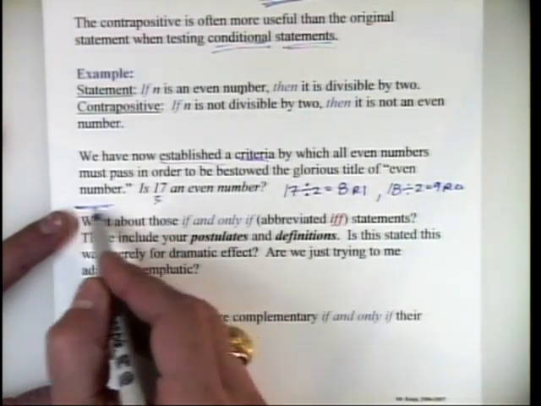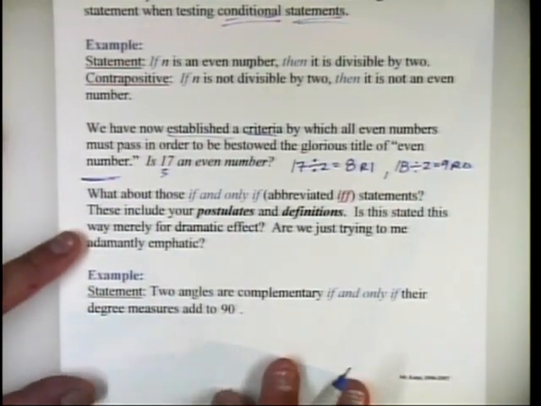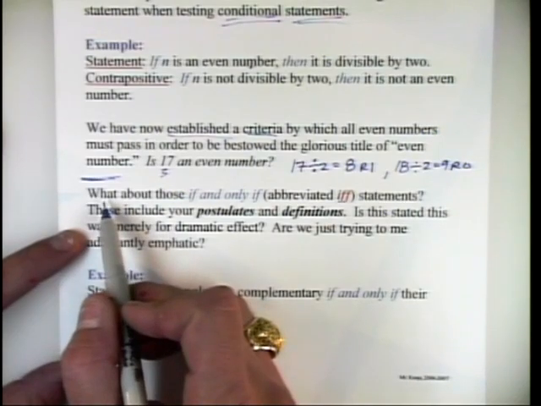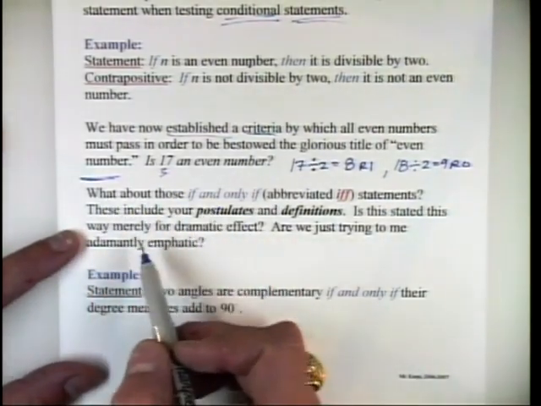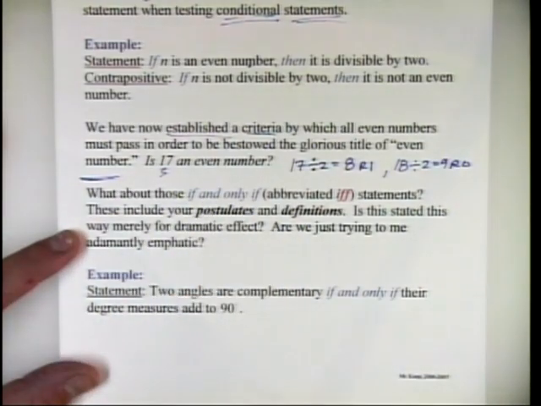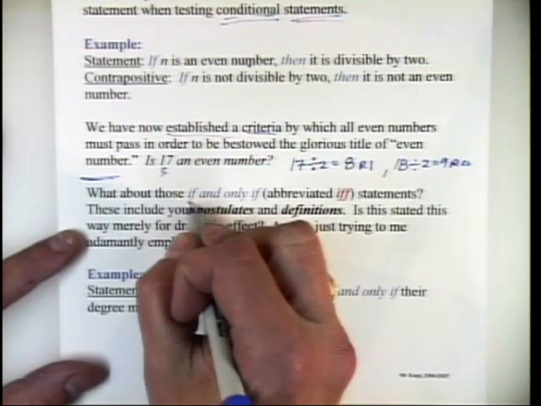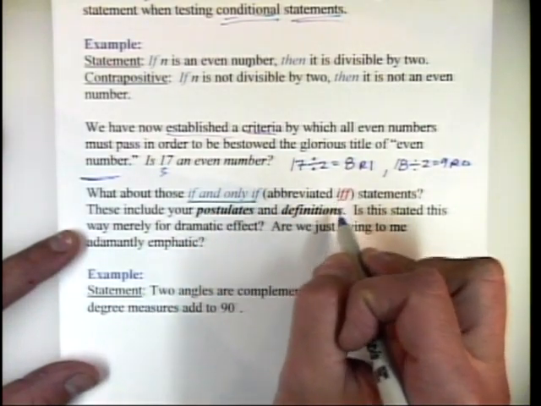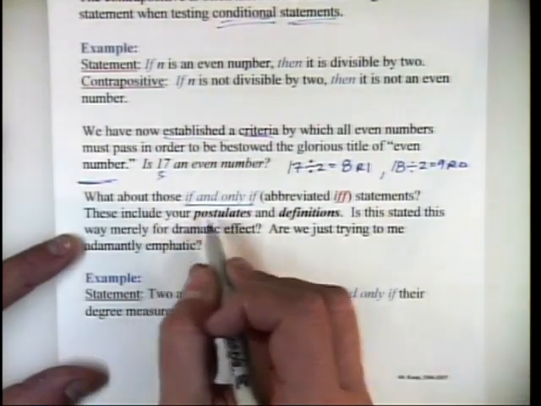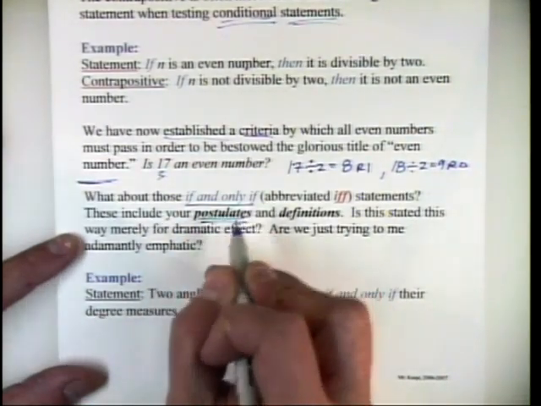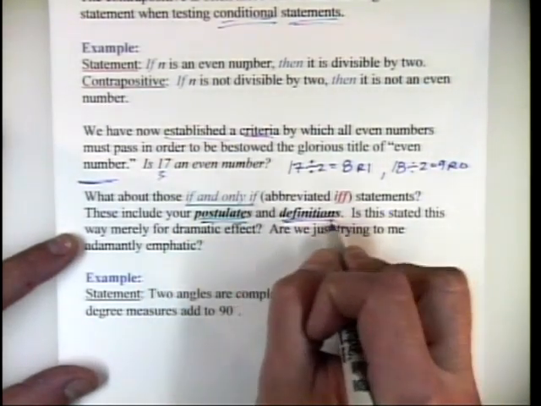Okay, now, you might have seen this in books or somewhere other than books, like maybe TV or other reading material or non-reading material. But somewhere maybe it's come up that you've seen these if and only if statements, okay? If and only if. Sometimes they're abbreviated IFF or pronounced iff. Now these include your postulates that you learn in class and your definitions.